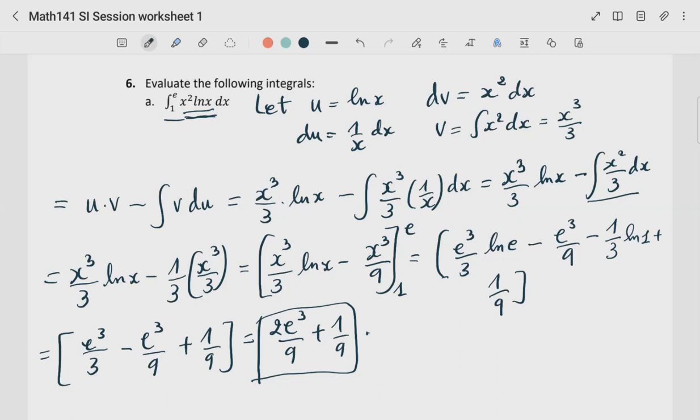While you're doing these multiple integration by parts, it's very important to stay consistent, right? So if you let your u, for example, be your trigonometric function, and your dv be whatever other function you have in the question, then in your second integration by parts, your u has to be again your trigonometric function, and your dv whatever is left.